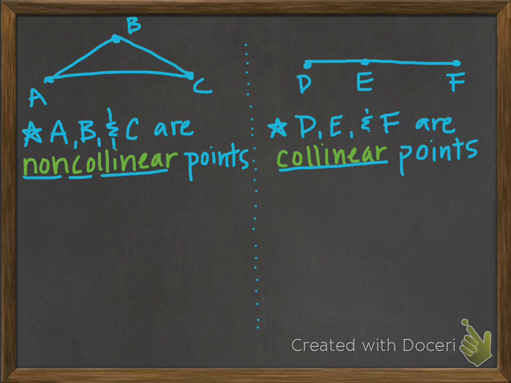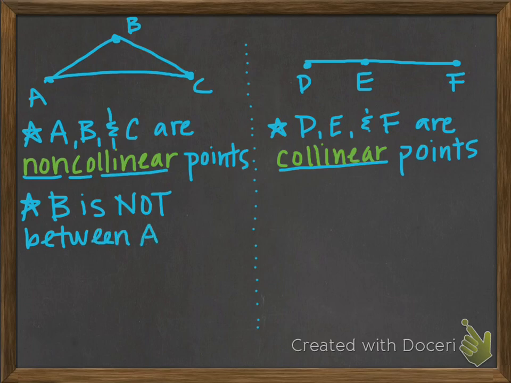We can also say that point B is not between points A and C. For it to be between, it would need to be on the same line or the same segment as A and C. If we look at D, E, and F, we can say that point E is between D and F because it's on the same line.